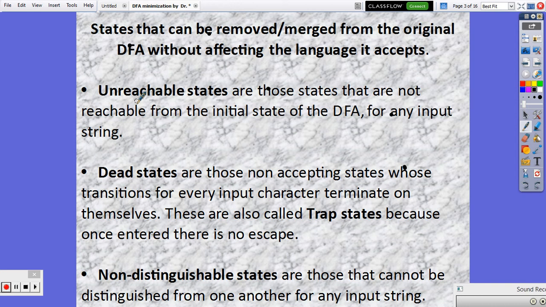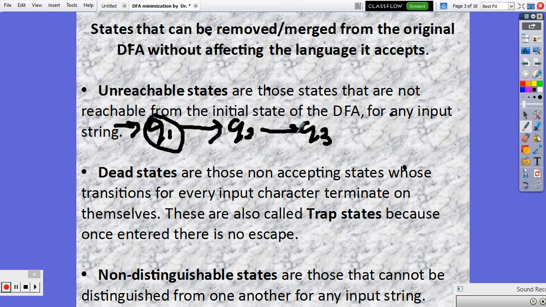Unreachable states are those states which cannot be reached from the initial state of the DFA for any input string. For example, if I have a DFA structure like this, I have one state Q1, one state Q2, one state Q3, and I am assuming that Q1 is the starting state. This is just for understanding the meaning of unreachable.